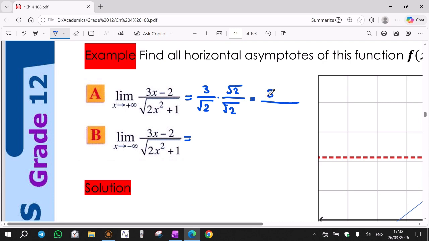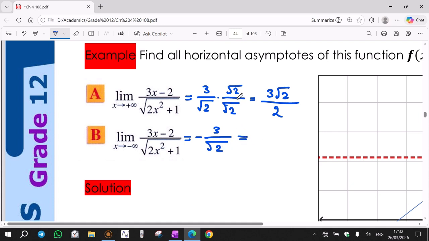So it's going to be 3 radical 2 over radical 2 times radical 2, which is just 2. This is the result of the limit when x tends to infinity. And for the same function, if we do limit x tends to negative infinity, we get an extra negative, then write negative 3 over radical 2.